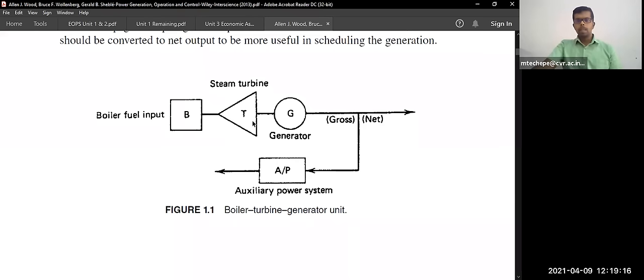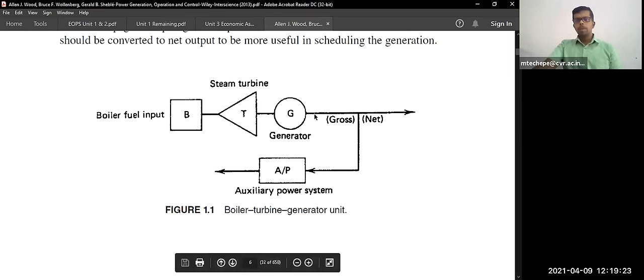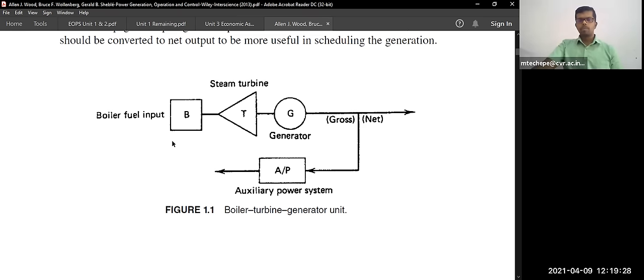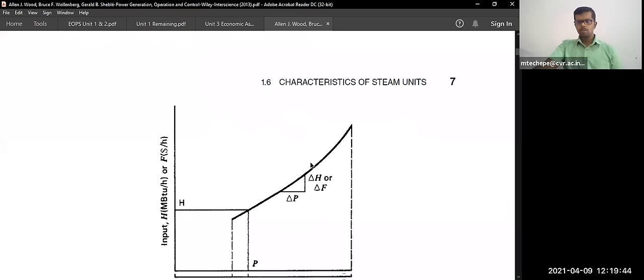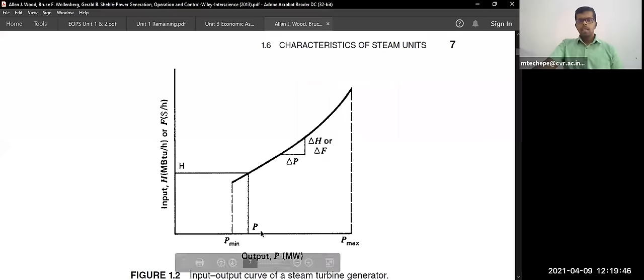The pressure hitting the turbine also will be reduced, and your generator will be generating less. Meanwhile, if you increase the heat, more heat is directly proportional to more power generation. We have already seen that relationship. This is about the characteristics: the increase in the heat leads to the increase in the power.